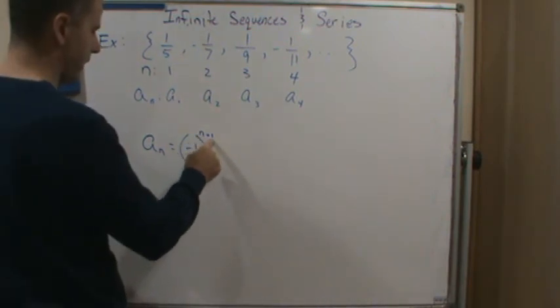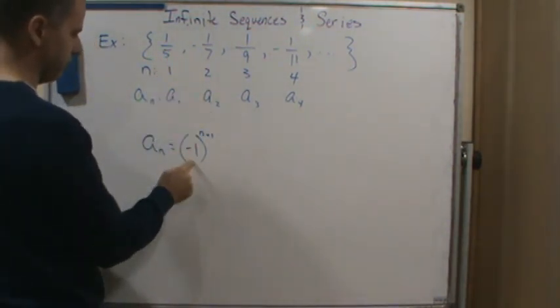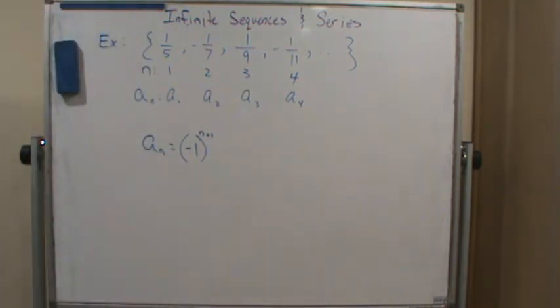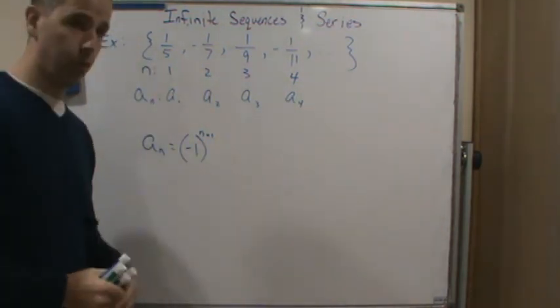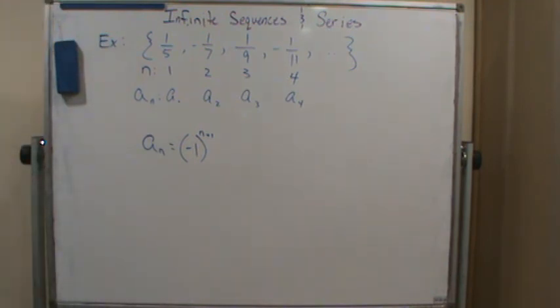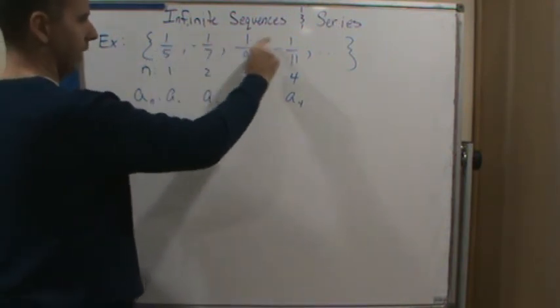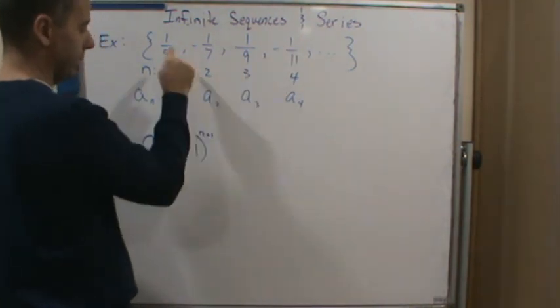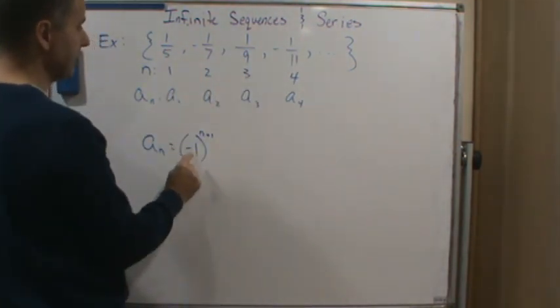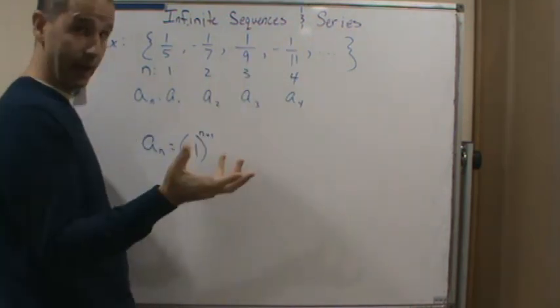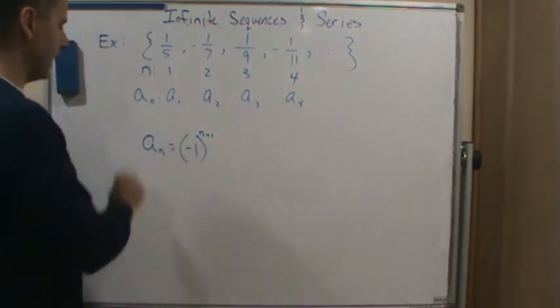So when n is 1, it's positive, and when n is 2, it's negative. So I'm going to use n plus 1 for the power. Okay, so that'll take care of the alternating signs. Now the thing is the ones are constant and it's only 1, right? So again, in this case here, it's either going to be +1 or -1 on top, if you want to look at it that way. So this will take care of the numerator.